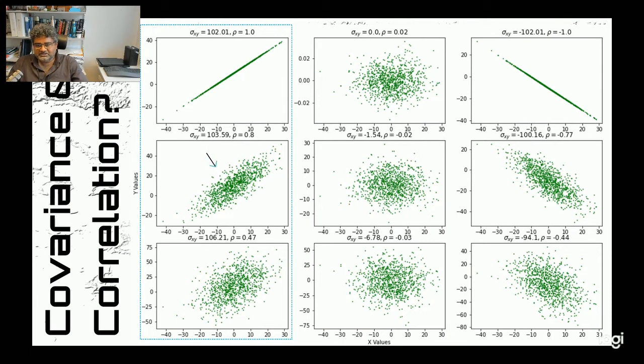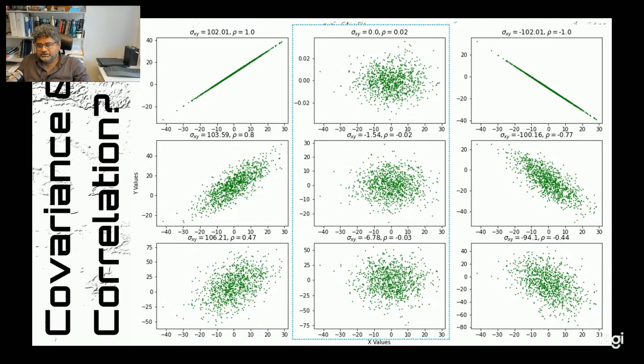In the bottom figure, I have introduced additional noise or uncertainty into the previous data set. Even though the covariance is somewhat similar, the correlation has reduced drastically. So from the top plot to the bottom plot, when additional uncertainty or noise is introduced into the data or the measurements, the correlation between these parameters may disappear.